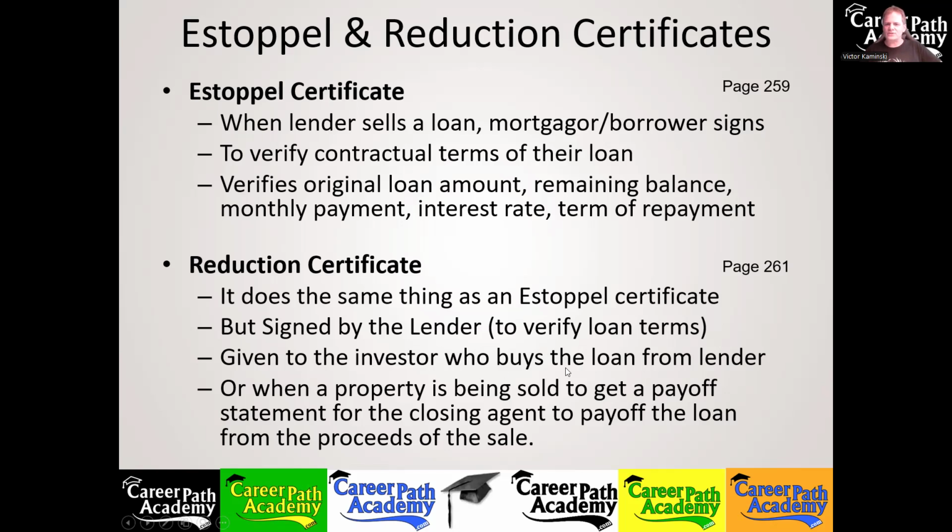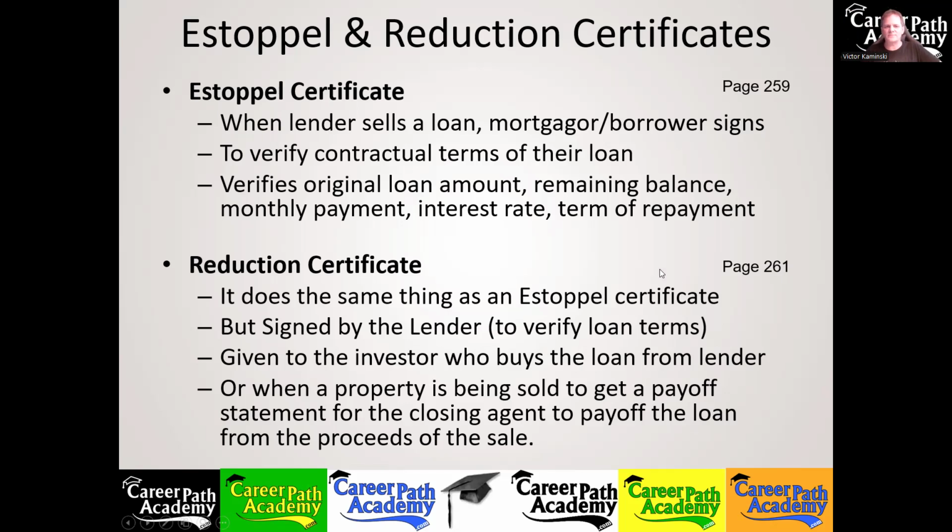It's given to the investor who buys the loan from the lender. Or when the property is being sold, to get a payoff statement for the closing agent to pay off the loan from the proceeds of the sale, they get a reduction certificate. It shows them what the payoff is. Okay, add that term, estoppel certificate.